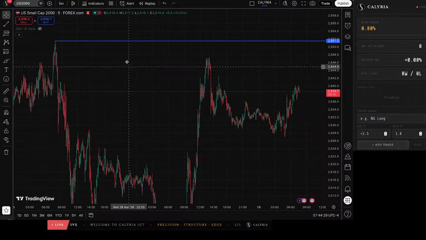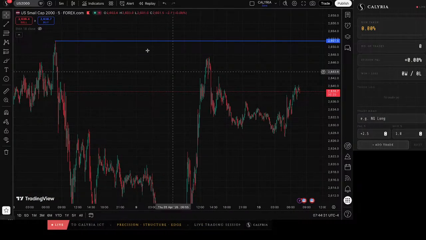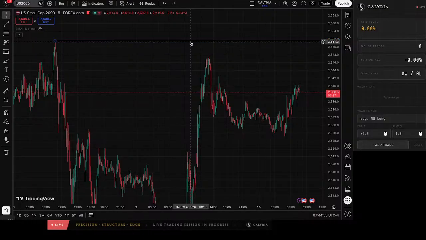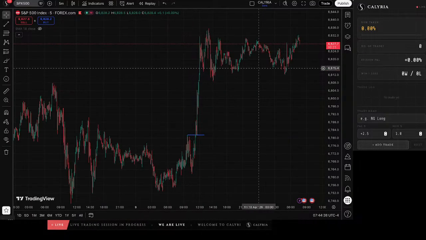Okay, maybe this is the level, but this thing I'm not looking at right now. I'm looking at things which are on the spot right now.